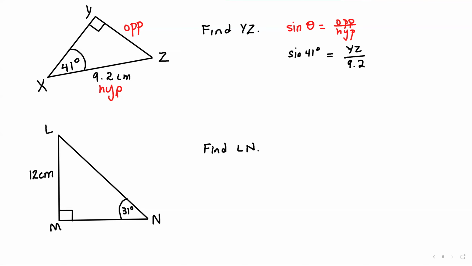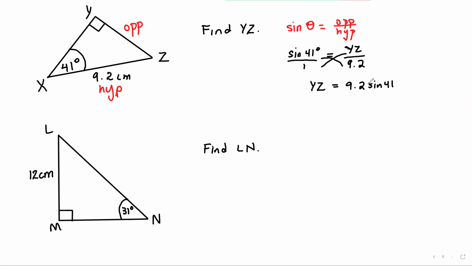So you replace the opposite with YZ in the formula, and the hypotenuse is 9.2. Do you see it now? Yes. Good. So then YZ times 1 is YZ, which is equal to 9.2 times sine of 41.